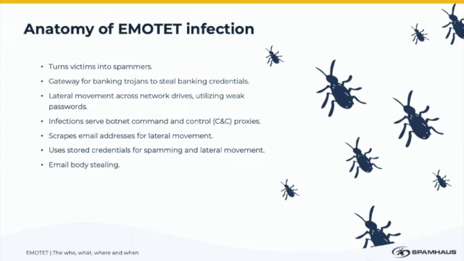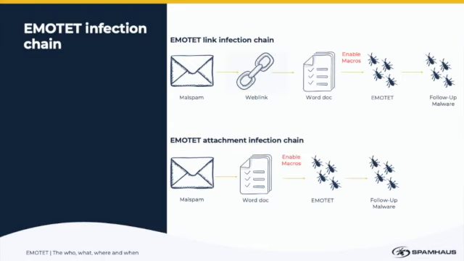To do this, it doesn't carry a specific set of hard-coded credentials. Instead, it uses stored credentials for spamming and for lateral movement, like in the case of scraping email addresses and sending spam to them. And it also recently started using email body stealing, so that the spams look more baitable. That is something which I'll be discussing in the later slides. So, Emotet initially comes in the form of a malspam.